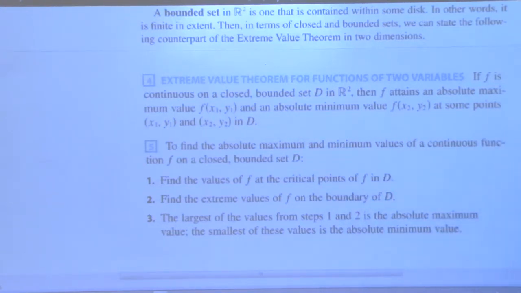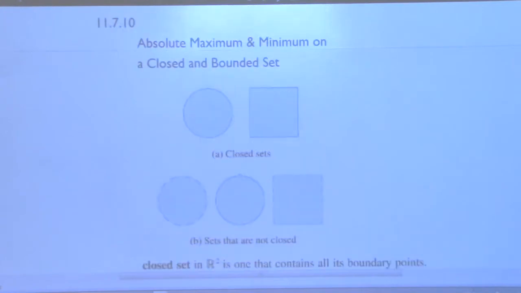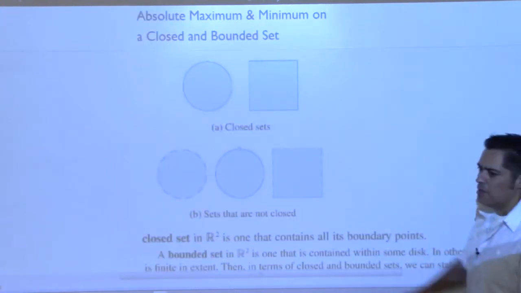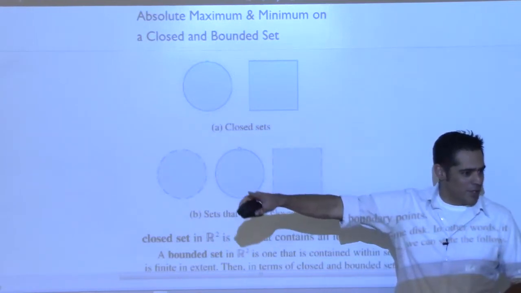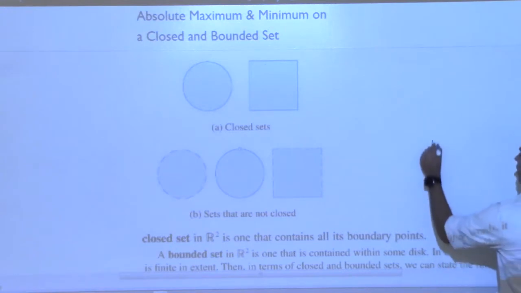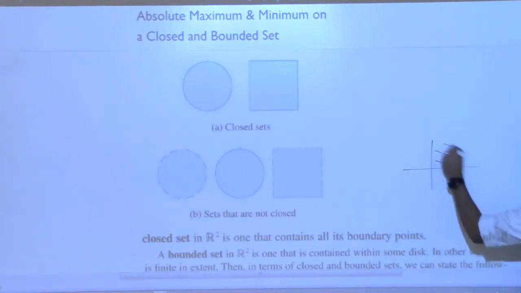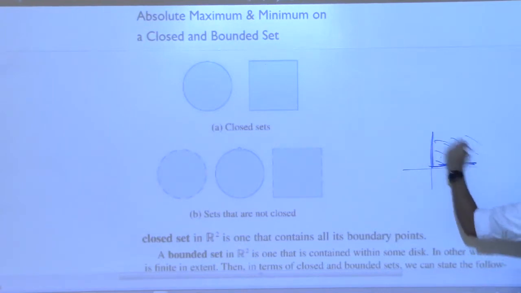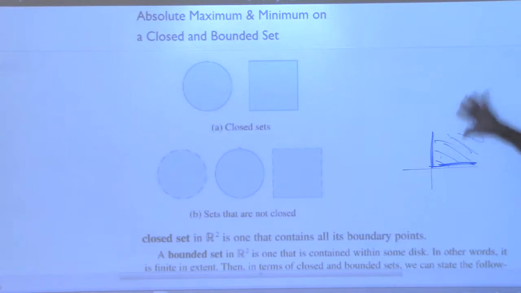Oh, did I say what bounded was? Bounded means that it doesn't go off to infinity in any direction. So like if you look at the xy plane, let's say we take everything in the first quadrant, including the axes. So everything here and everything out forever. That would not be bounded. That would be unbounded because it keeps going forever.